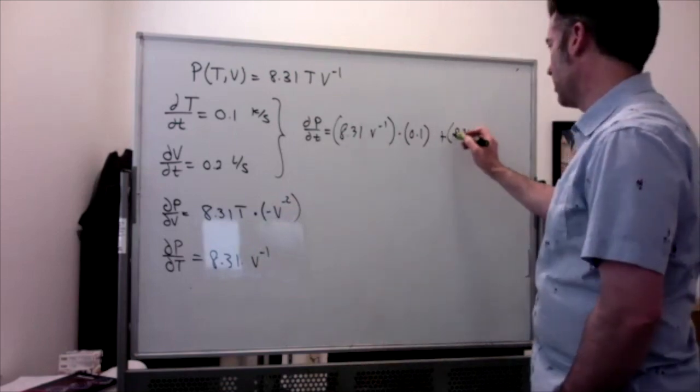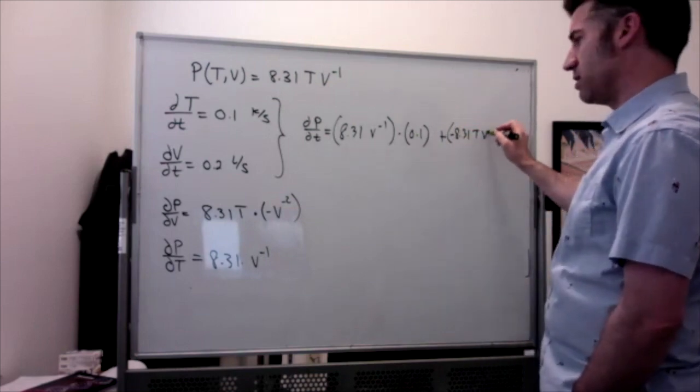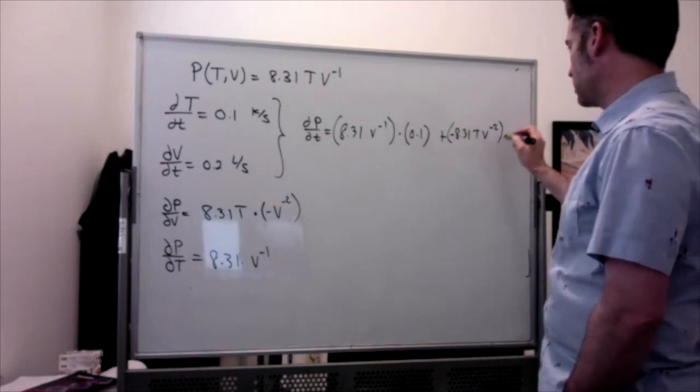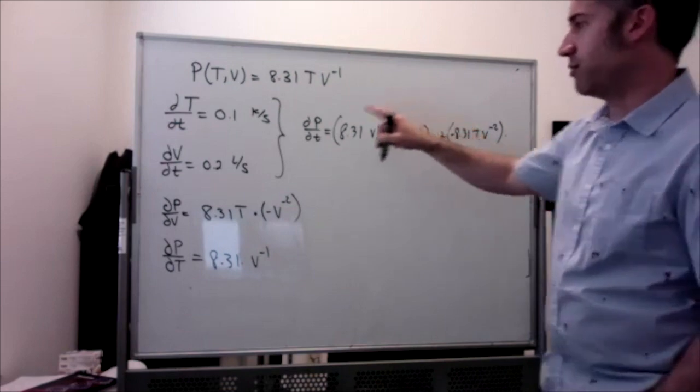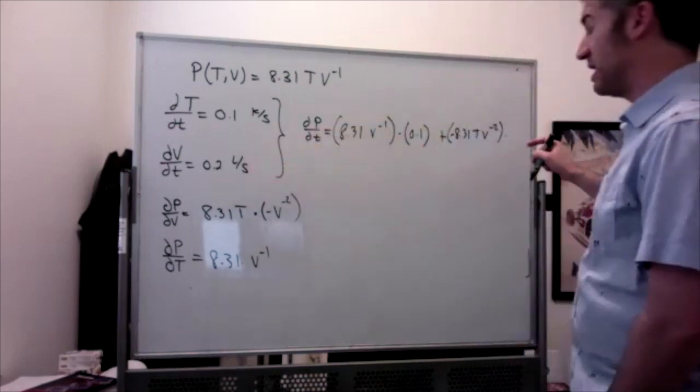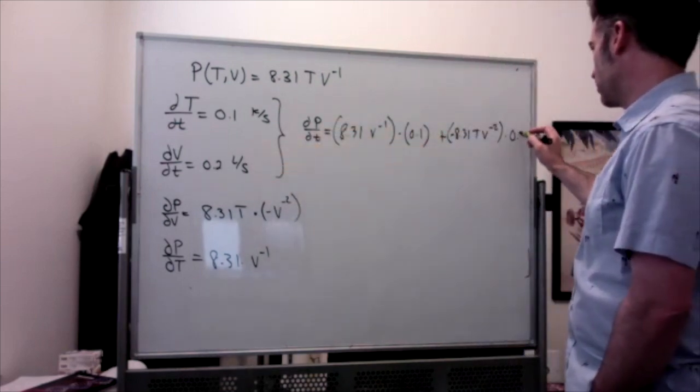Sure, let's make the minus here. Minus 8.31 T V to the negative second times dV/dt, which is 0.2.